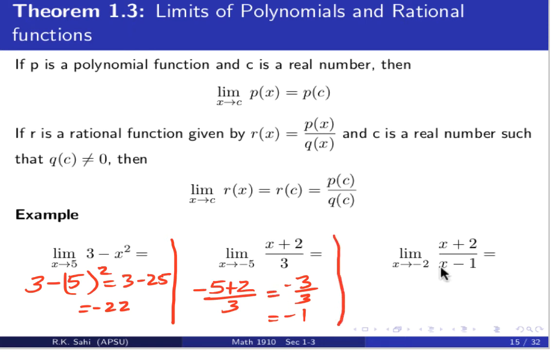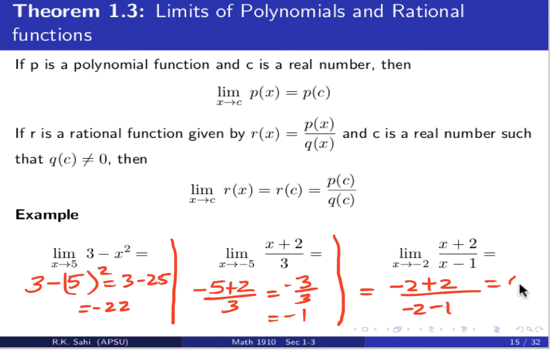Okay, the last one. The limit as x approaches minus 2 of the function (x + 2) over (x − 1). Make sure you first plug in minus 2 in the denominator. You should not get a 0. When you plug in minus 2, you get minus 3. Great, don't worry. So direct substitution: (−2 + 2) over (−2 − 1).